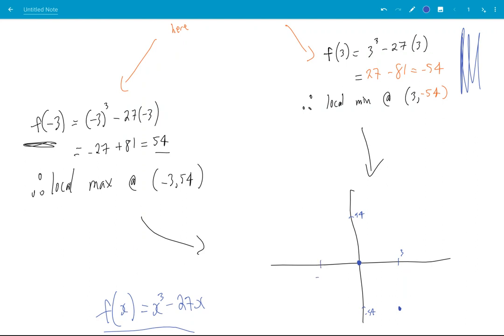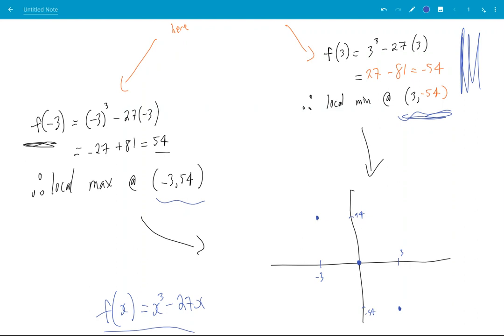Okay, one thing to notice here is I'm choosing my scale based on these points I found. So don't go and pick a scale until you have a sense of what points you're actually going to be plotting. Okay, my local min at 3, negative 54.